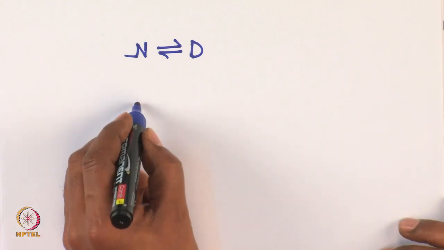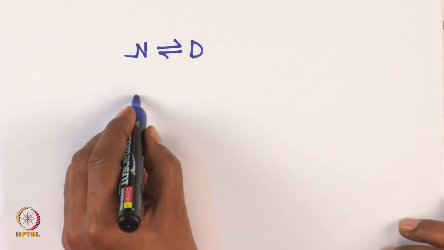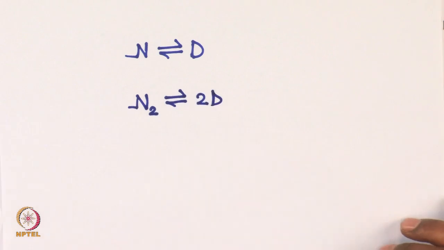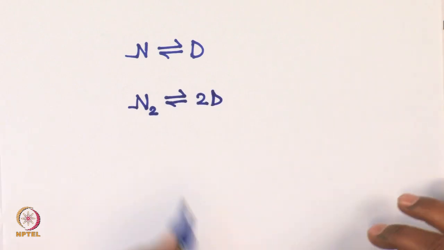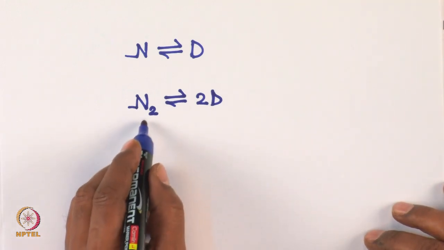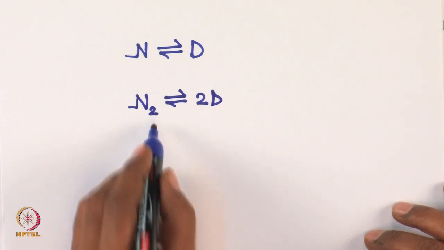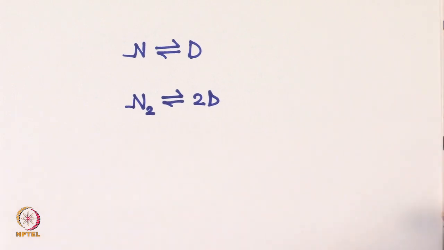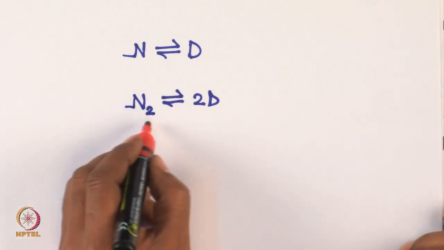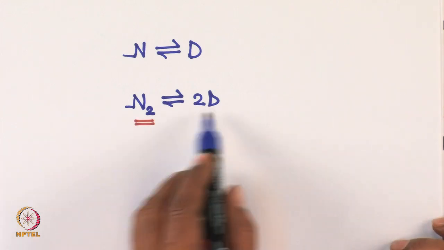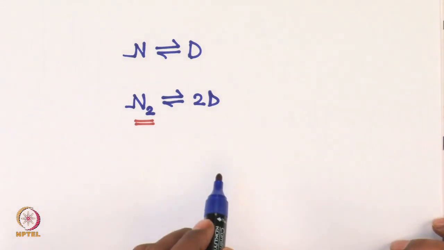Now, suppose my process is N2 going to 2D, and now if I increase the concentration of the protein, once again increasing the concentration of protein means we are increasing the concentration of N2. According to Le Chatelier principle, the equilibrium should be shifted in favor of N2.